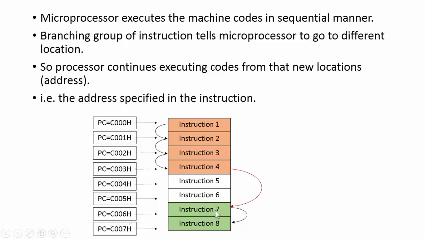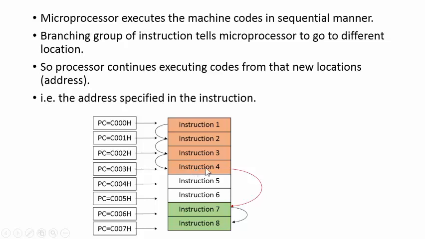That means the execution of the program should start from instruction number 7, then instruction number 8, then instruction number 9, likewise. So instruction number 5 and instruction number 6, these two memory locations, he or she wants to skip. That means he wants to change the execution sequence.